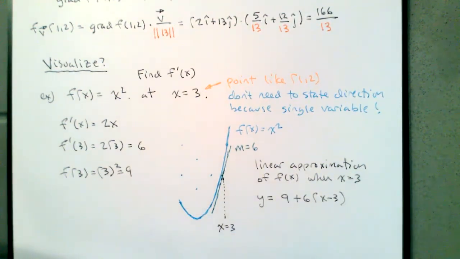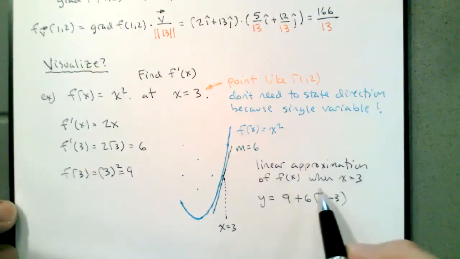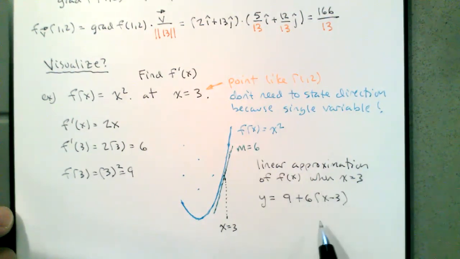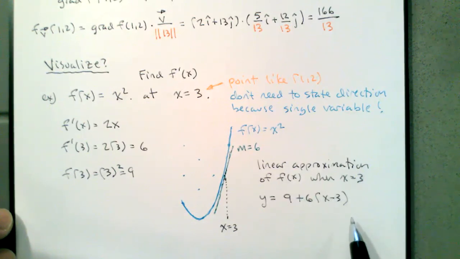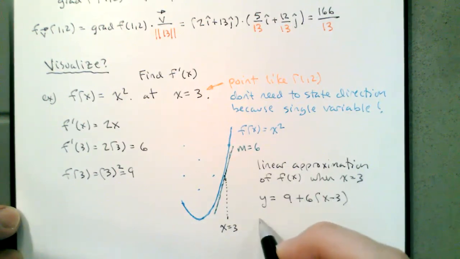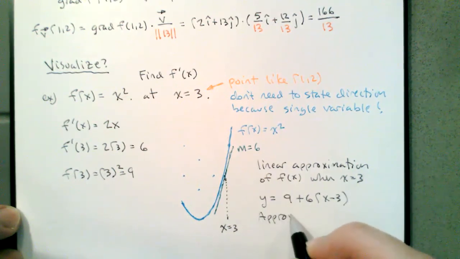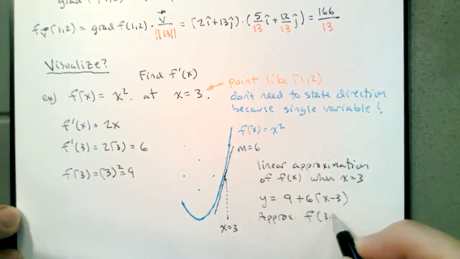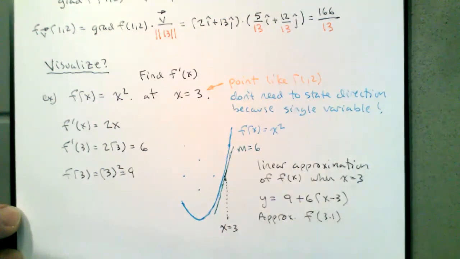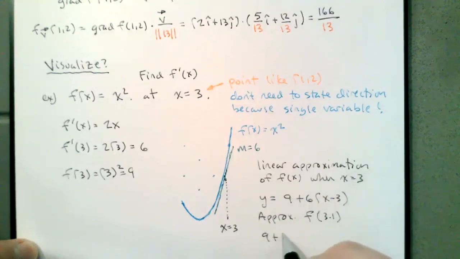So if I move a little bit in the x direction, let's say to 3.1, I can approximate the function, and all I need is the 6. So let's approximate f of 3.1. I'll just use 9 plus 6 times 3.1 minus 3.